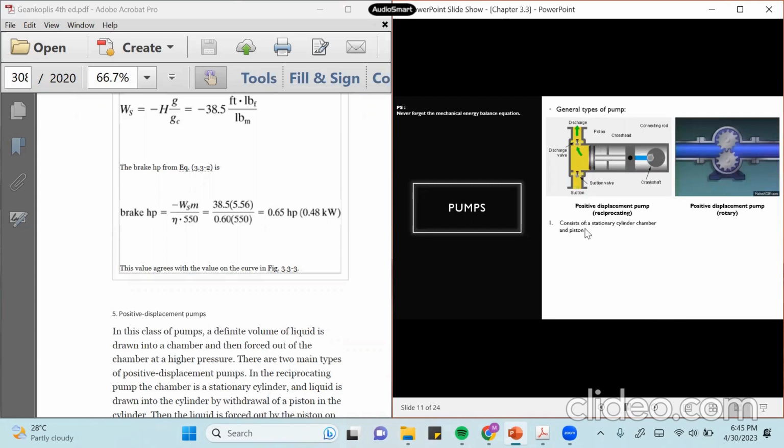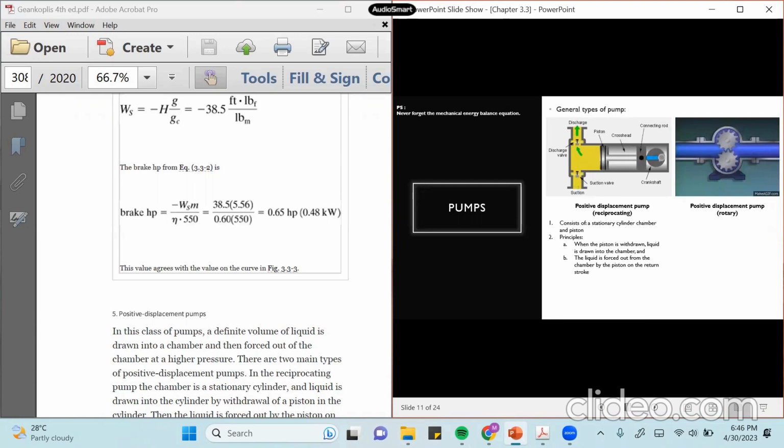The reciprocating positive displacement pump consists of a stationary cylinder and a piston. The principle is that when the piston is withdrawn, the liquid is drawn into the chamber, and then when the piston pushes out, the liquid is forced out from the chamber on the return stroke.